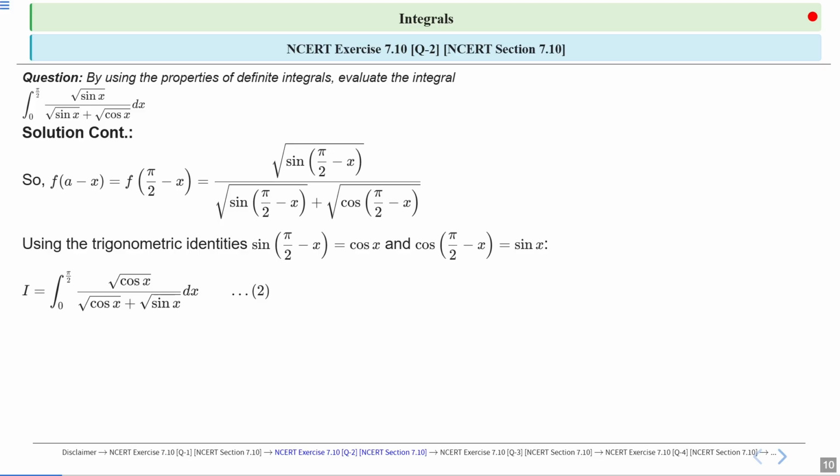So can we use these two equations to find the value of the integral? Equation number 1 is the integral from 0 to pi by 2 of root under sin x by root under sin x plus root under cos x, and equation 2 is the integral from 0 to pi by 2 of root under cos x by root under cos x plus root under sin x dx.